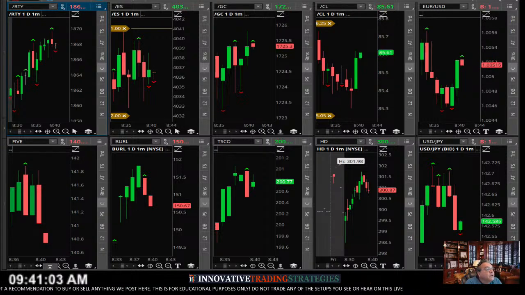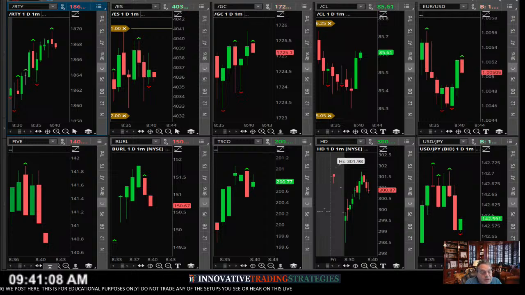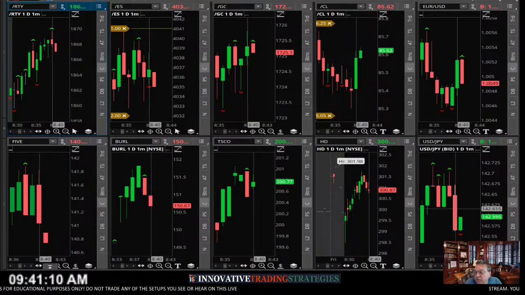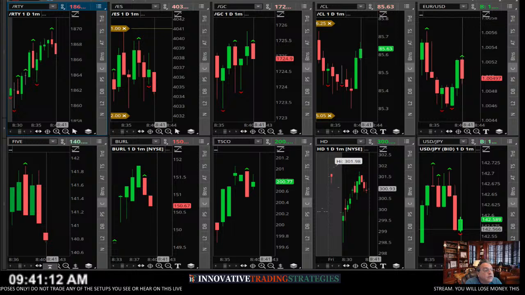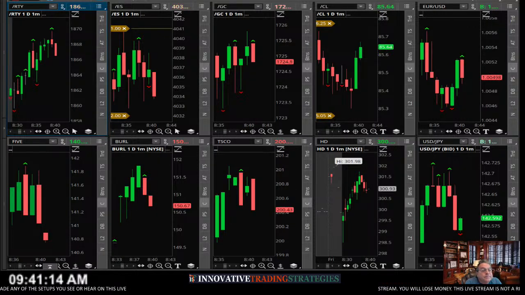All right, looks like the Aussie and the Euro, pound US want to go up higher. Looks like we're going to break here on this US yen. Watching for another break on the US yen to the downside. Still no setups.